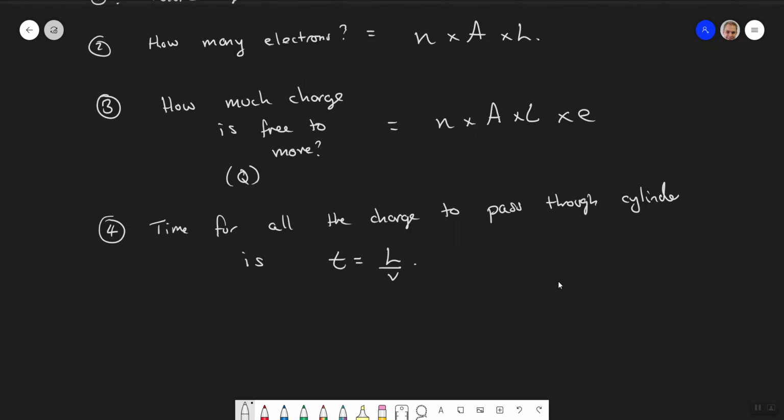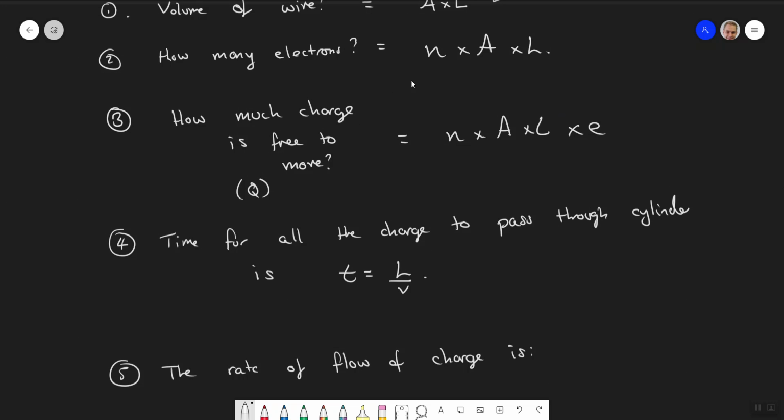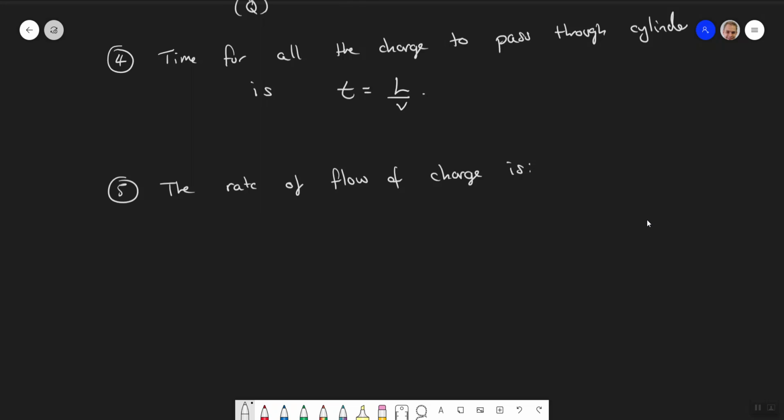So therefore, what is the rate of flow? The rate of flow of charge is the total amount of charge that's in the thing divided by the time it takes to move. So it's this bit divided by this bit. Delta Q, the amount of charge, over the time.